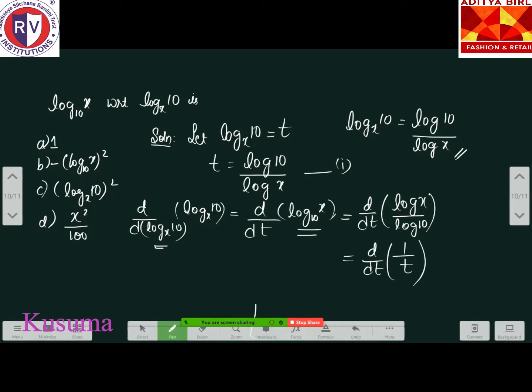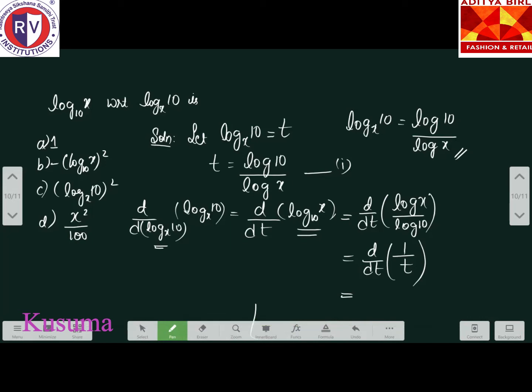What is t? T is log 10 by log x, but here we have log x by log 10. So this can be written as 1 by t. So what is d by dt of 1 by t?